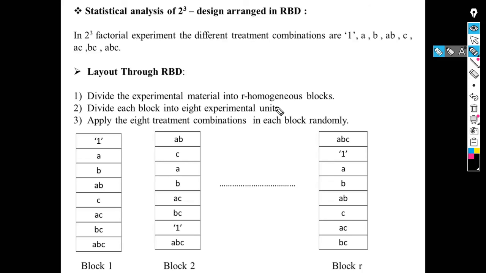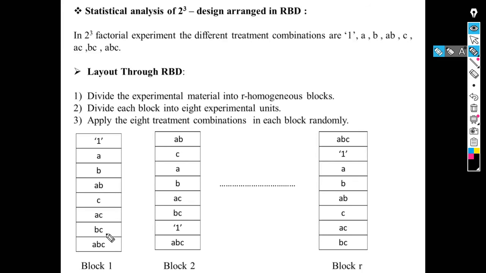After that we have R blocks, and in each block we have 8 experimental units, and in each block we assign these 8 treatment combinations randomly. So here we get a layout like this.